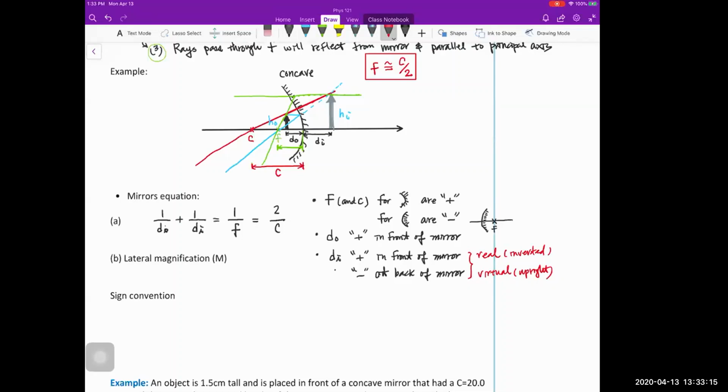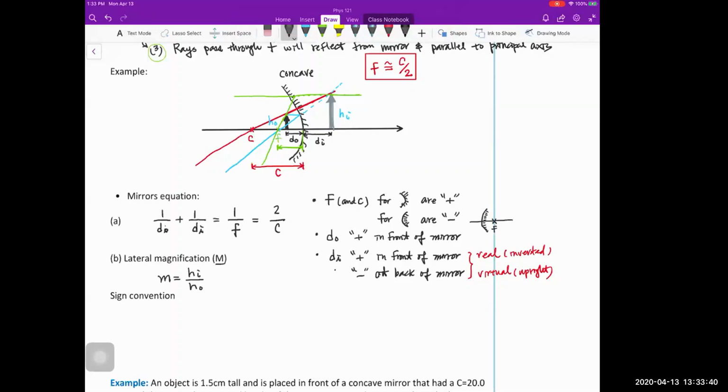Another equation related to the mirror equation is this. You can also find the magnification. The magnification has to do with the ratio of the heights, the height of the image to the height of the object.